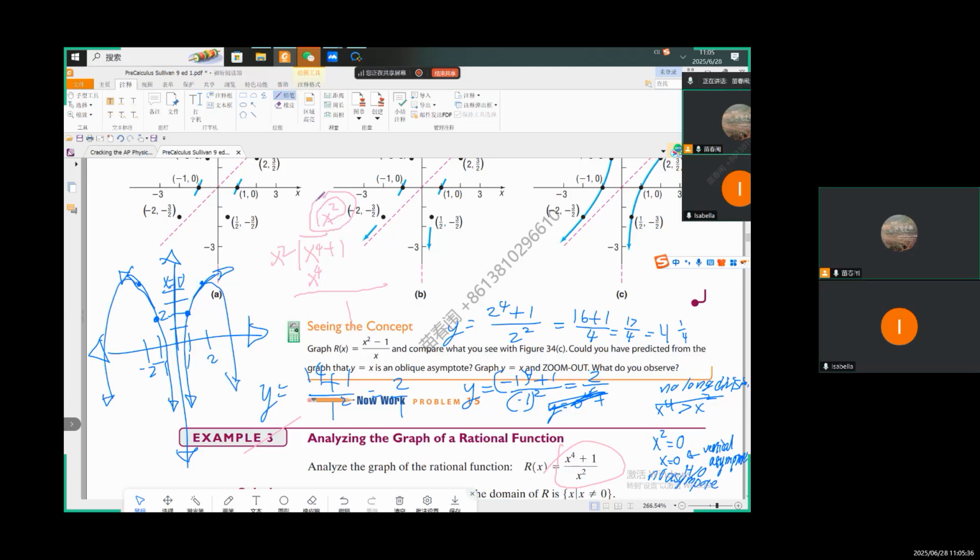Wait, if it is y equals... how do we... wait, where's the vertex? Let me think. Where's the vertex of this thing? Oh, is it just regular?